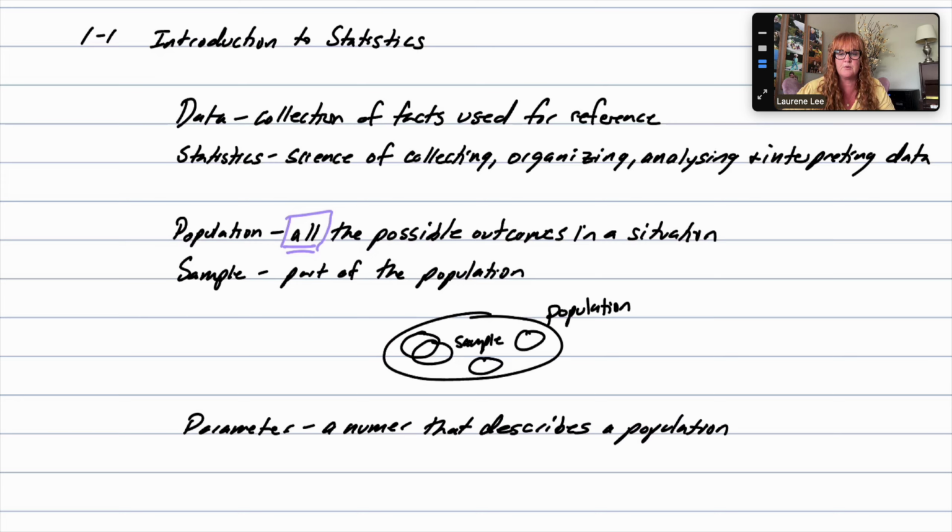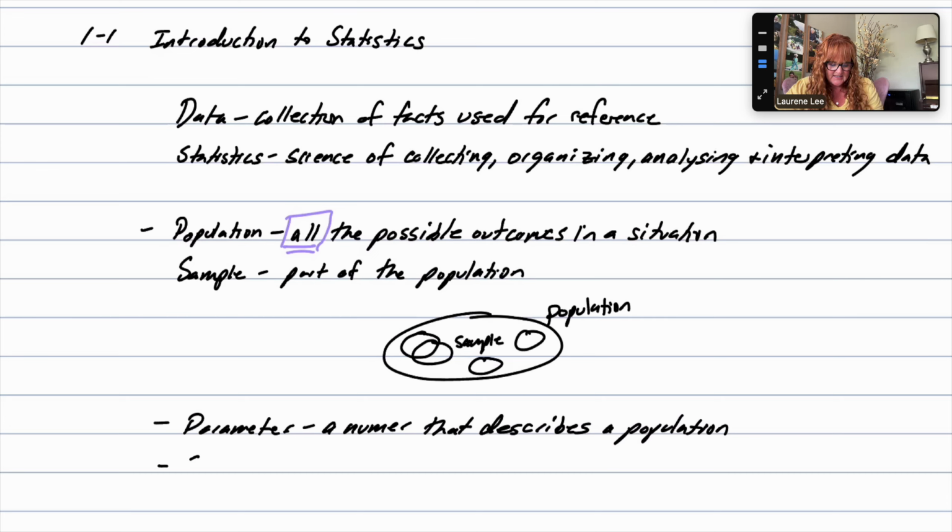In our example, a parameter might be the actual average height of an Allen Hancock student. It's any descriptor of an entire population. And the way that you remember it is that parameter starts with a P and population starts with a P. So parameters are numbers that describe the population. It could be a standard deviation, it could be a mean, it could be a median, it could be any number. It doesn't have to be an average.